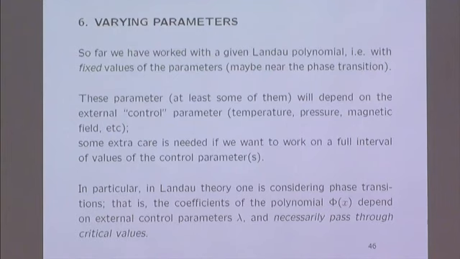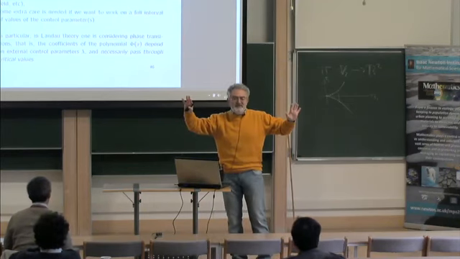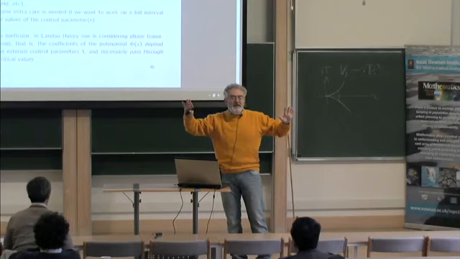Namely, they worked at fixed values of the parameters. So I want to stress that if you have a phase transition, we can work in two ways. We can work at fixed values of the parameter and see what happened before the phase transition and after the phase transition. So we have two pictures and a spot-the-difference game.